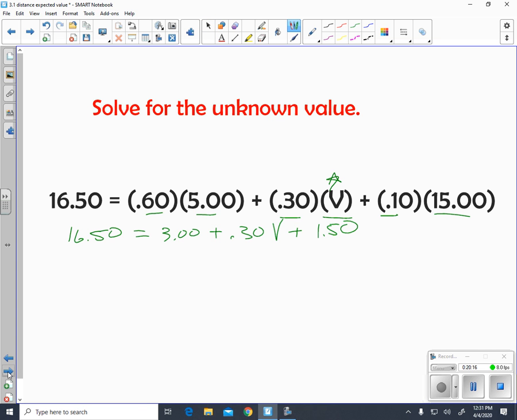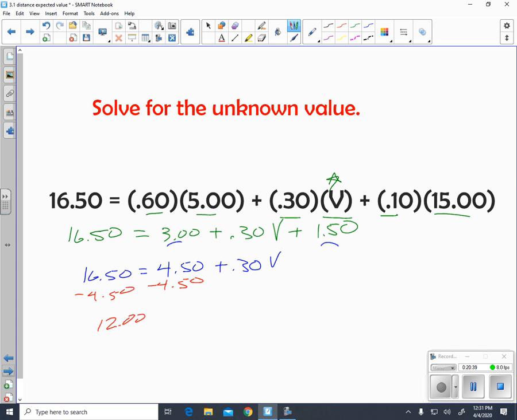If it was me, I would combine the 3 and the 1.5 and say 12 equals 4.50 plus 0.30V. And then I'm guessing most of you would probably subtract the 4.50 from each side of the equation.